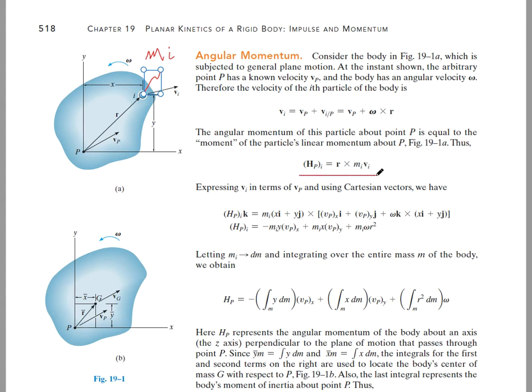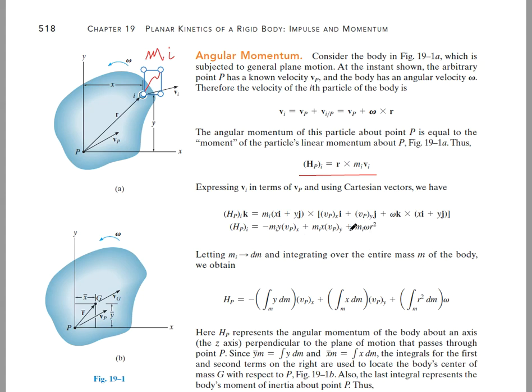We can make this explicit further, so it will be, just for particle i, the angular velocity omega times r squared. It's the product omega times r, times the mass.